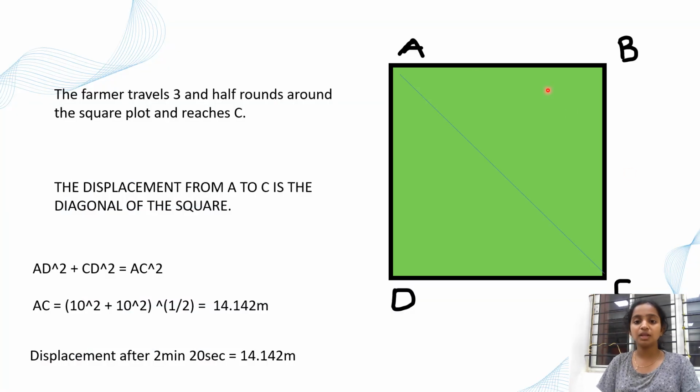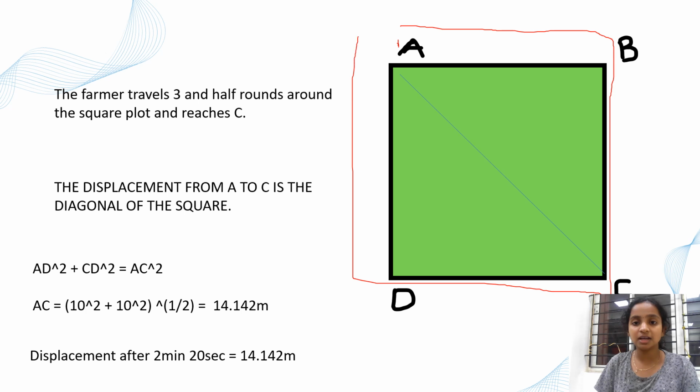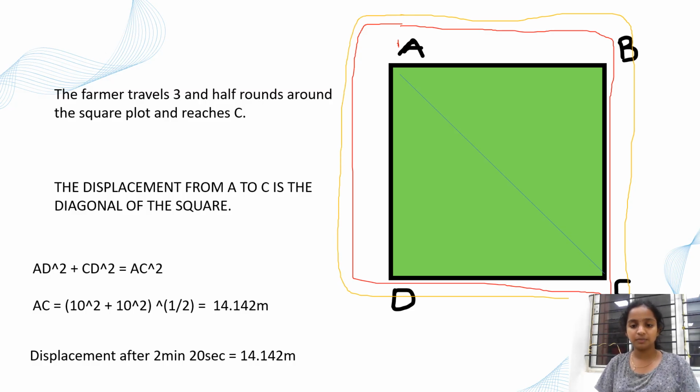Okay. So the farmer starts from here and he travels around and he reaches here. One round is completed. Then second round, he is traveling and he reaches back to his position. 2 rounds.